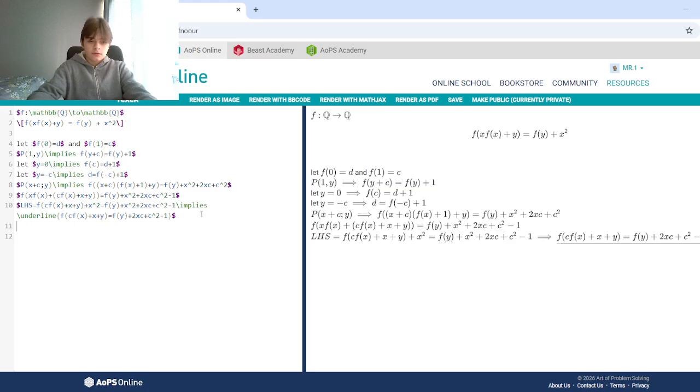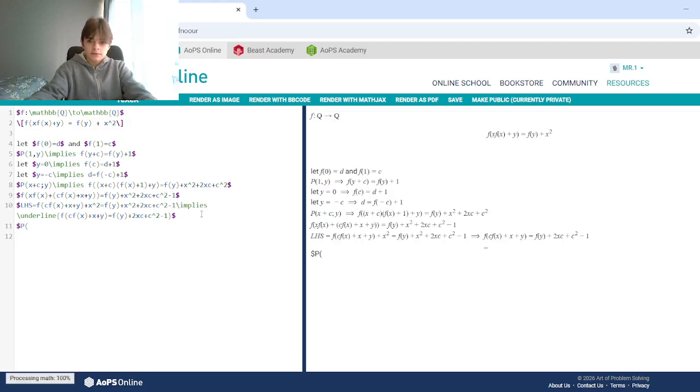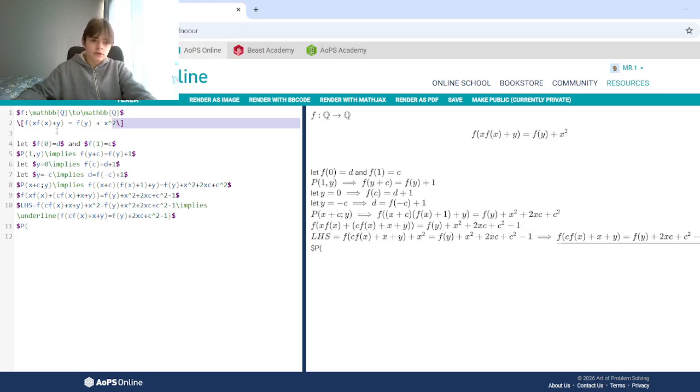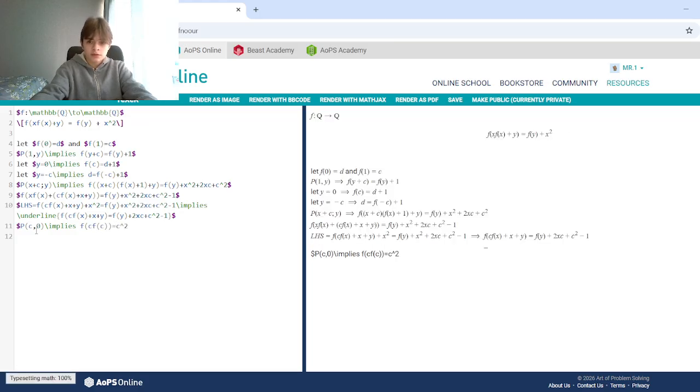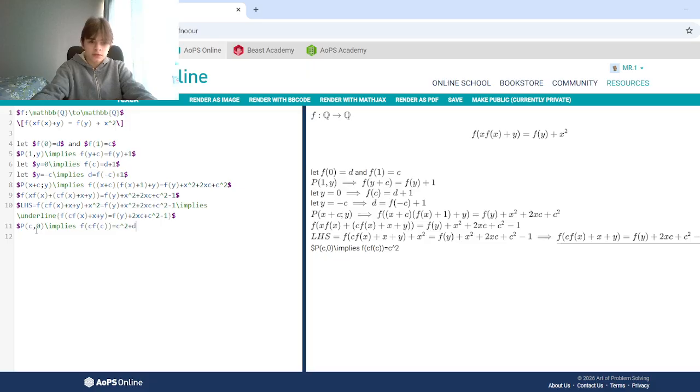Now in the original equation, here we will put c and 0, and this implies that f(c f(c)) is equal to c^2 + d.